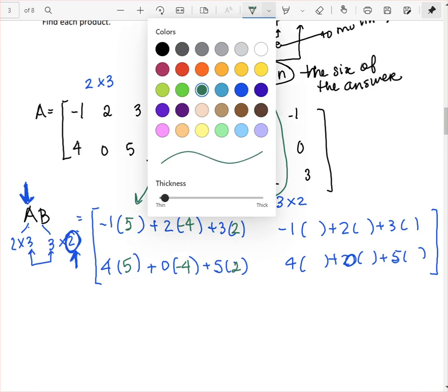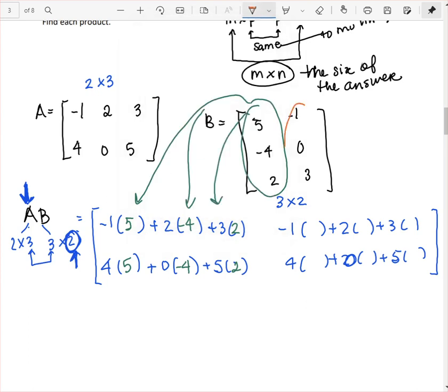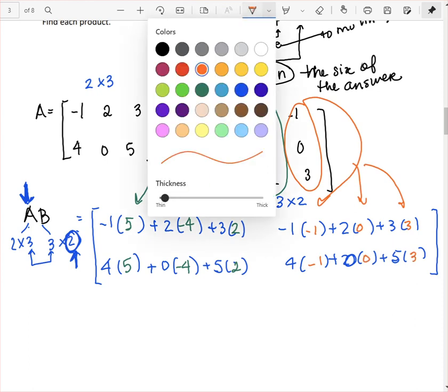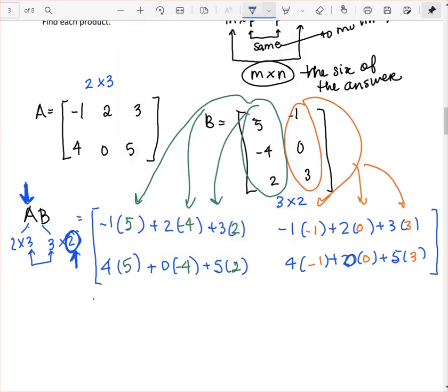And then the next column is going to go on the next matrix. So that's going to be -1, 0, 3. And then you just do the arithmetic for it, and you get the answer. So when you get all of that, you get -7, 30, 10, and 11.